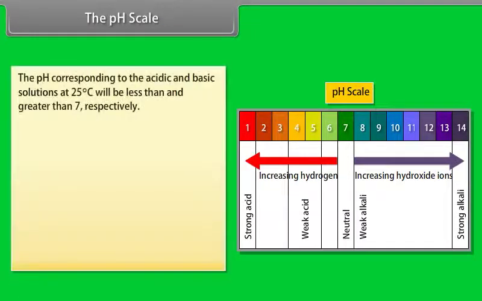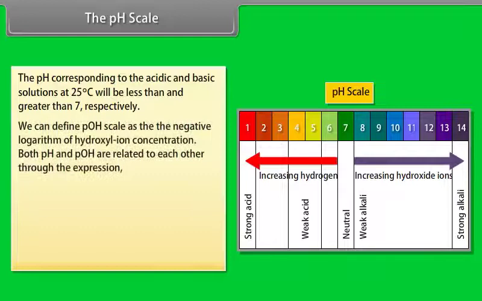The pH corresponding to acidic and basic solutions at 25 degrees Celsius will be less than and greater than 7 respectively. We can define the pOH scale as the negative logarithm of hydroxyl ion concentration.